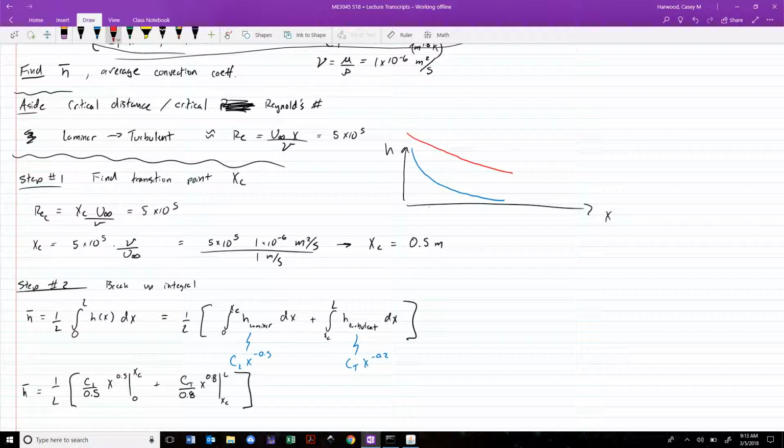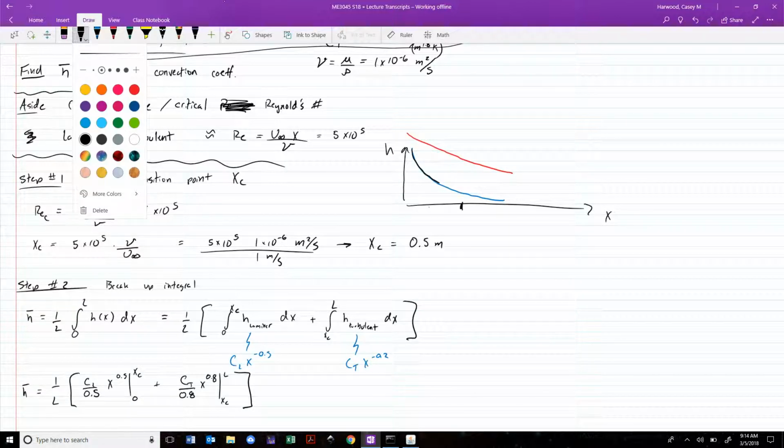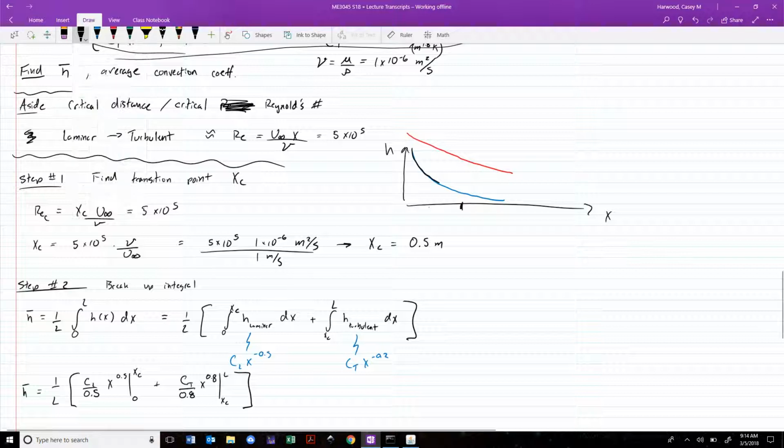Based on the velocity of the flow, we figured out what x transition occurs at, and we integrated over, following the laminar behavior up to that transition point, and then jumping up to the turbulent behavior. So we created our piecewise function out of two functions that dictate the heat transfer behavior in each of those two flow regimes.